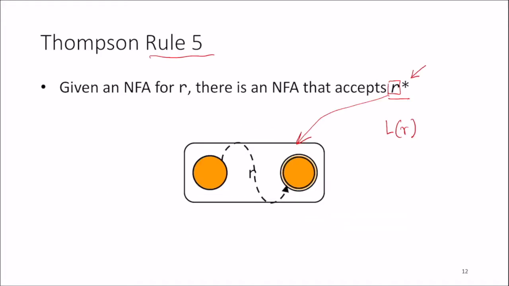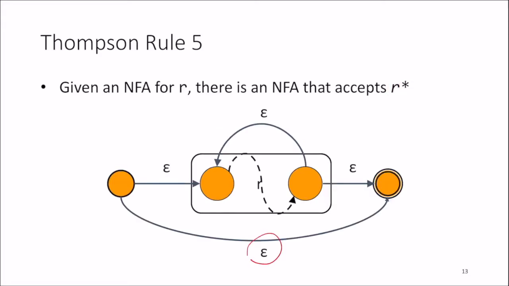I create a loop back that goes from the final state back to the start state. So I can iterate once, twice, 3 times, as many times as I want, looping through this finite state machine to get R star. And remember that R star also includes the empty string, so it also includes 0 repetitions. In order to deal with that, we have this special transition that completely bypasses the NFA for R and goes directly from the start state to the final state.